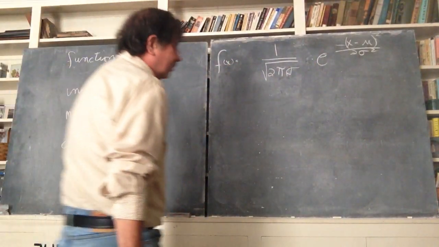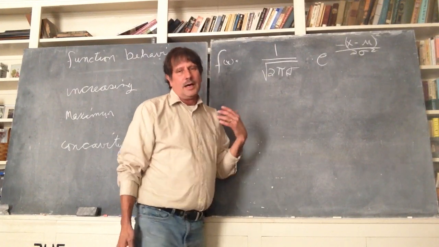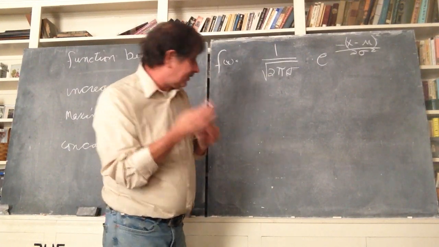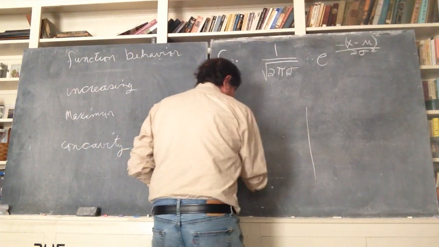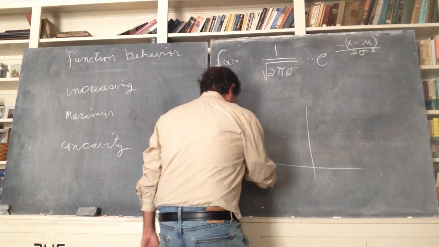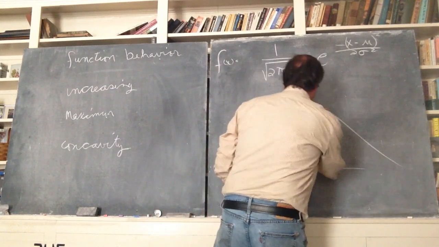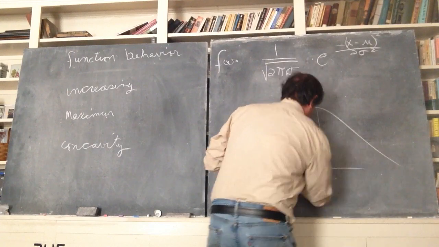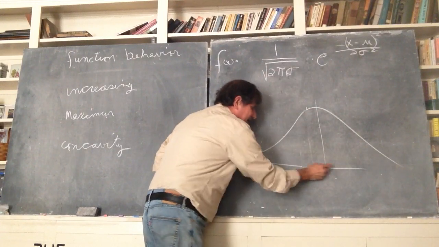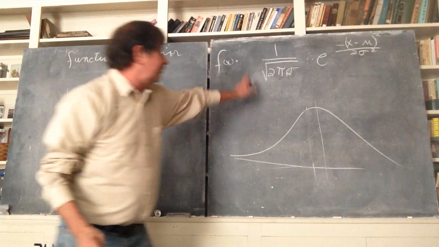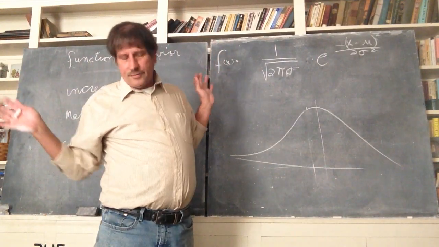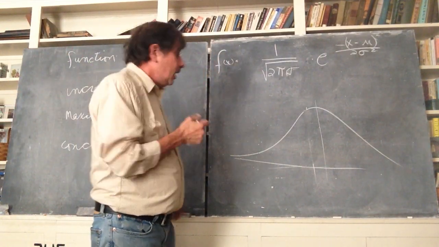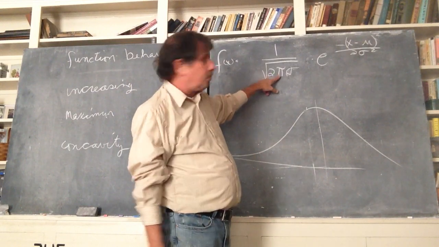This is what's called the normal distribution. There are those of you who have had statistics. So the curve looks like this. The curve looks like that. And this is the function. You've had statistics, maybe or maybe not, but pi is the number pi.